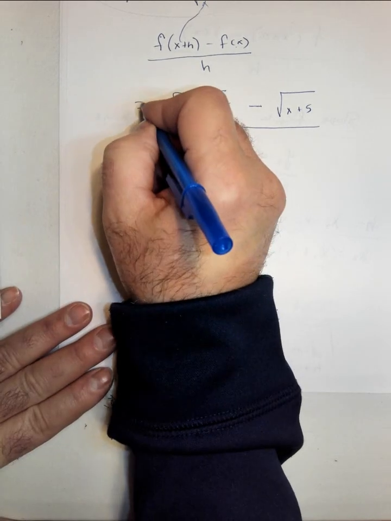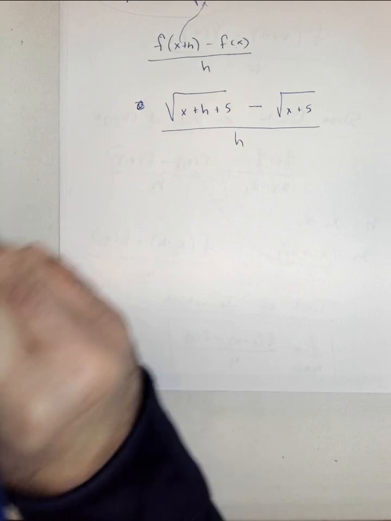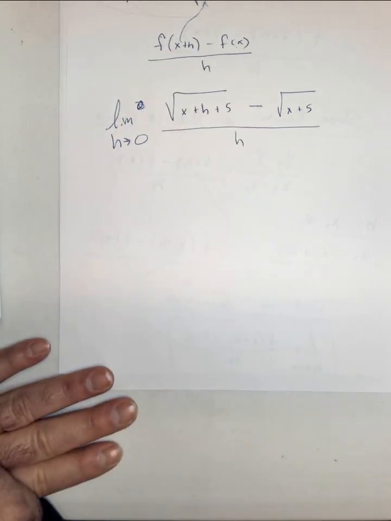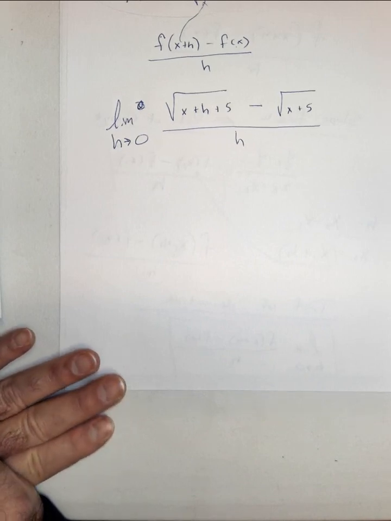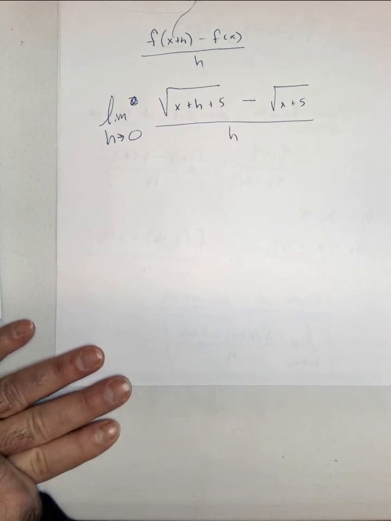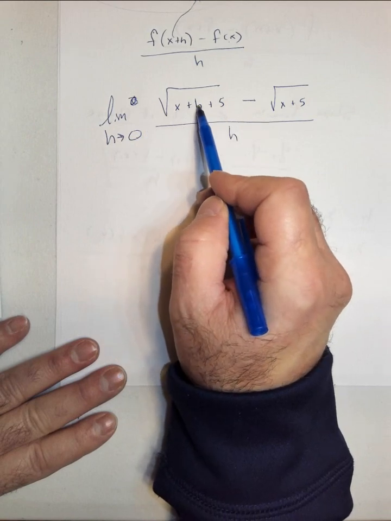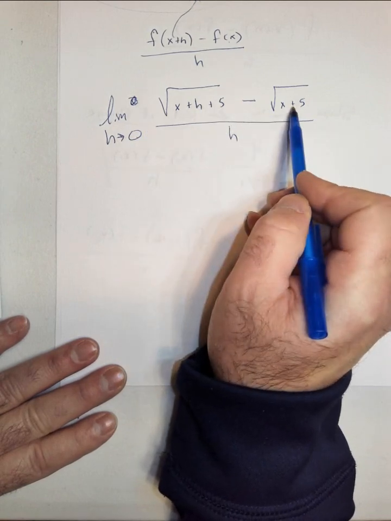Now, based on the work we've done, what if we do this? Recognizing that you have a square root involved, the way to get rid of that hole that's there, right? So if we plug this in, we're going to get x plus 5 minus x plus 5.